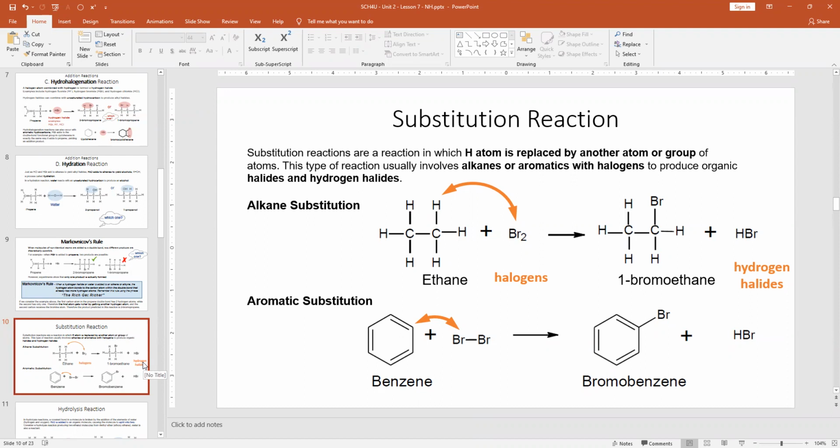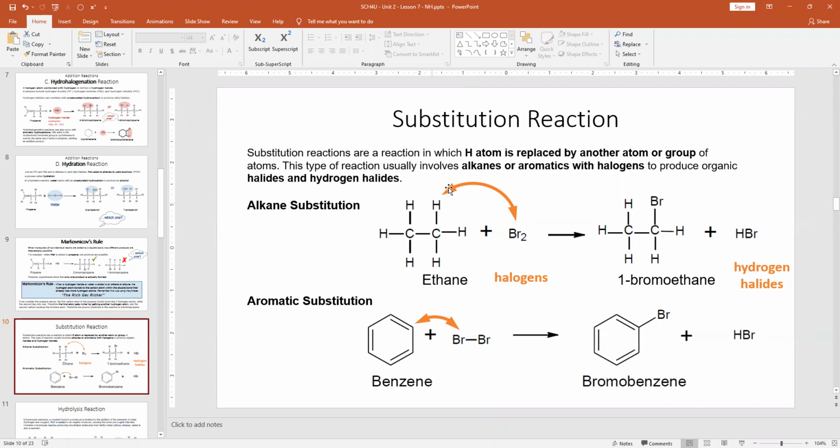So here we have 2 examples I've shown you. One of them is an alkane substitution. The other one is an aromatic substitution. In the alkane substitution, one example of an alkane is a molecule like ethane, but it could easily be any of the other alkanes. And here, in this substitution reaction, the hydrogen atom is replaced by another atom, and in this case, it's bromine.